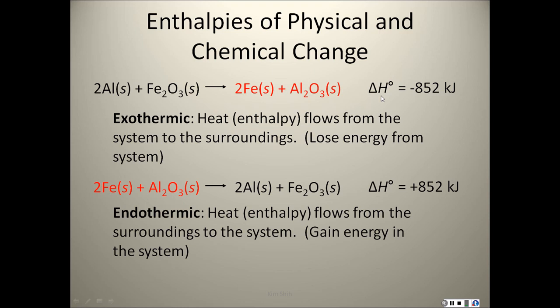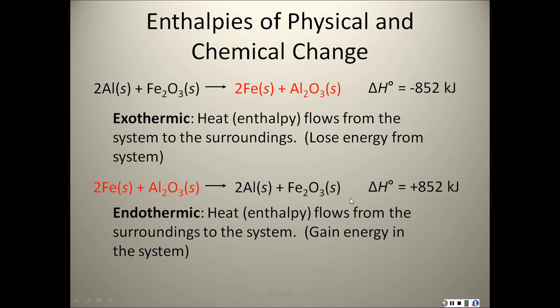There's heat evolved or given off from the formation of solid iron and aluminum oxide. If I talk about the reverse reaction, or going back to the reactants, I just flip it. Now we have a very large delta H, but you'll note numerically the values are the same, signs are different.